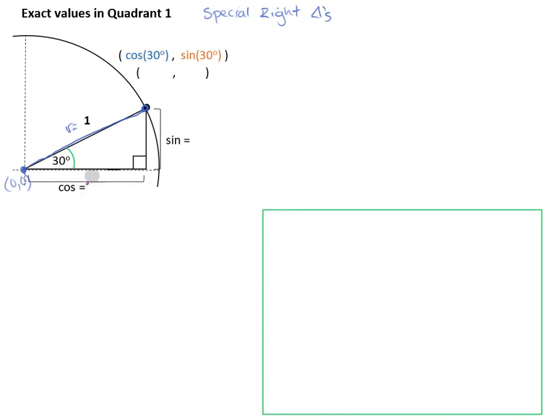So the x coordinate, essentially, of this point is the cosine of 30 degrees. I should be using blue to color coordinate there. The sine value, I guess I don't have orange selected, but we'll use red, close enough. Sine of 30 degrees is essentially the y coordinate. It's the vertical distance of this 30-degree angle.